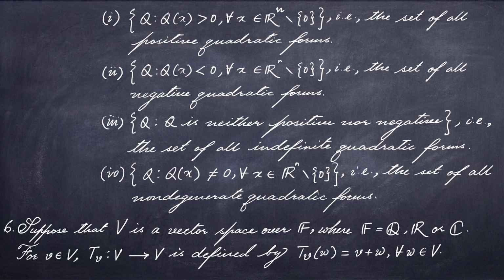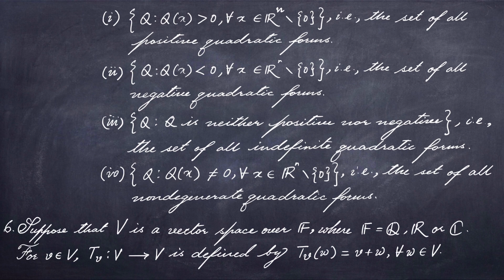Now the third one is the collection of all indefinite quadratic forms, that is, it is neither a positive form nor a negative form. That is, there is a non-zero point where the quadratic form has a positive value, and there is also another non-zero point in R^n where the value of the quadratic form is negative. The last one is all non-degenerate quadratic forms.